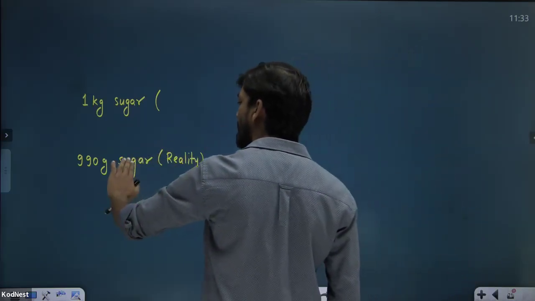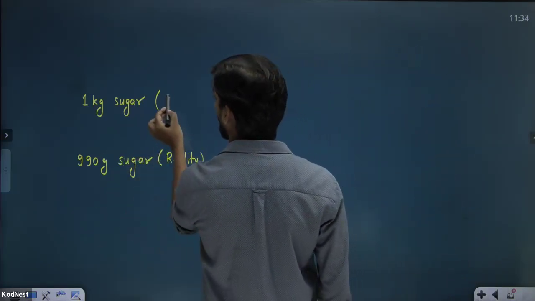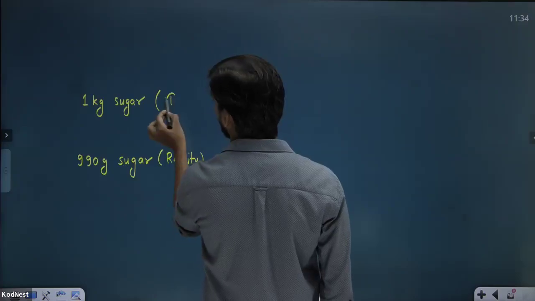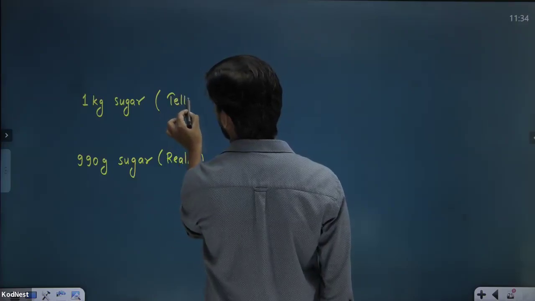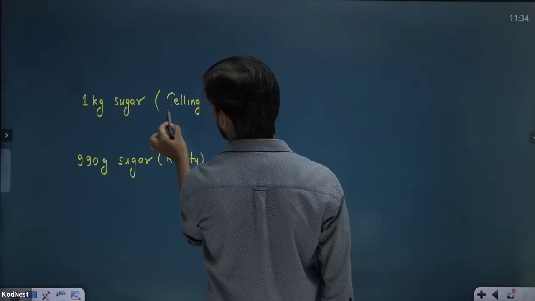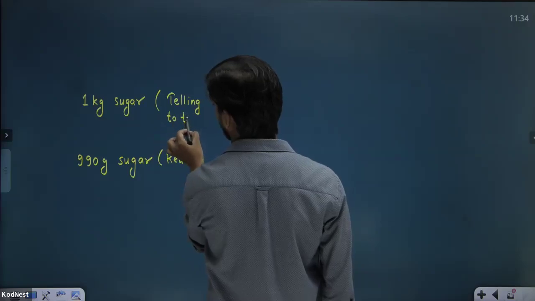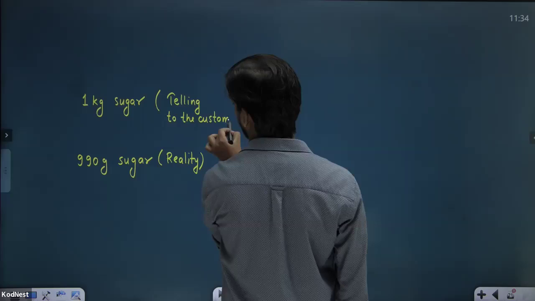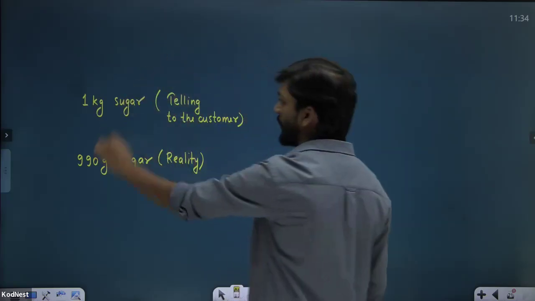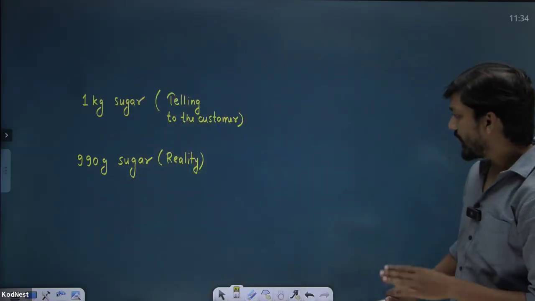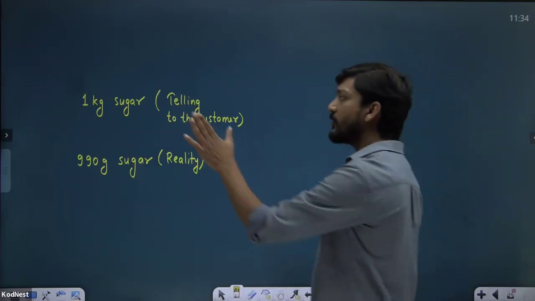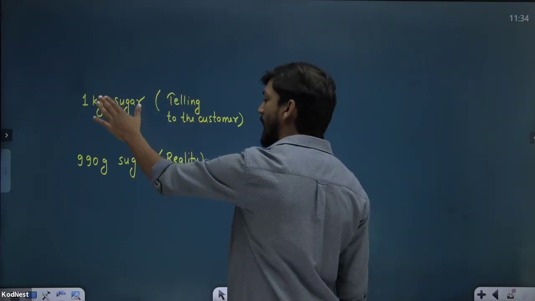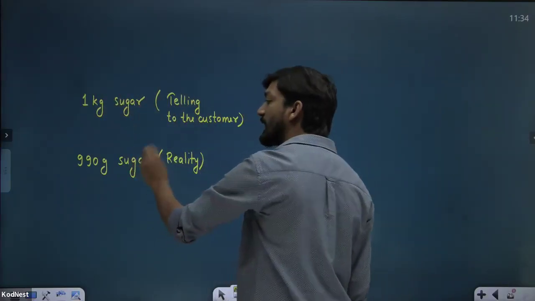How much sugar I'm giving? 990 grams. This is what I am telling the customer. I'm telling the customer that I'm giving you 1 kg sugar and actually I'm giving 990 grams sugar.